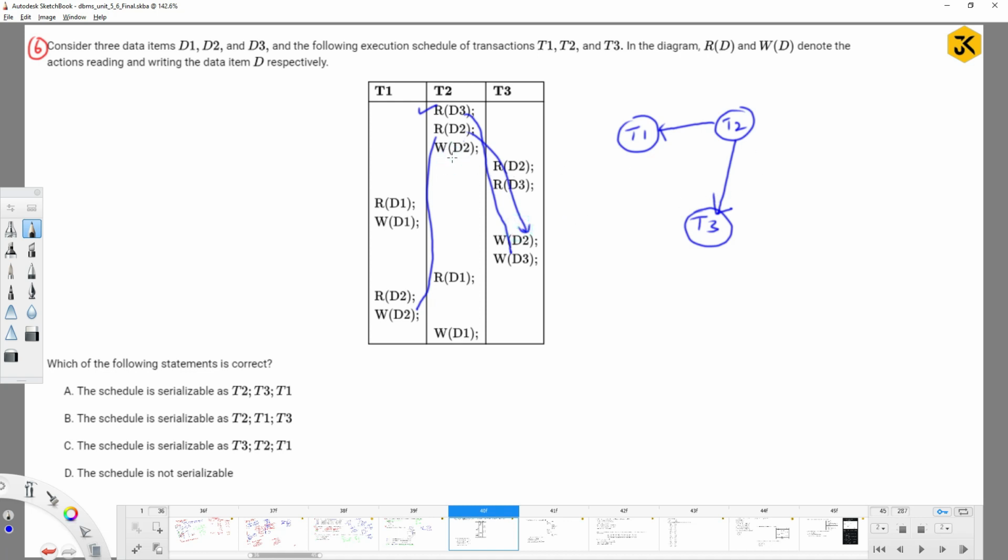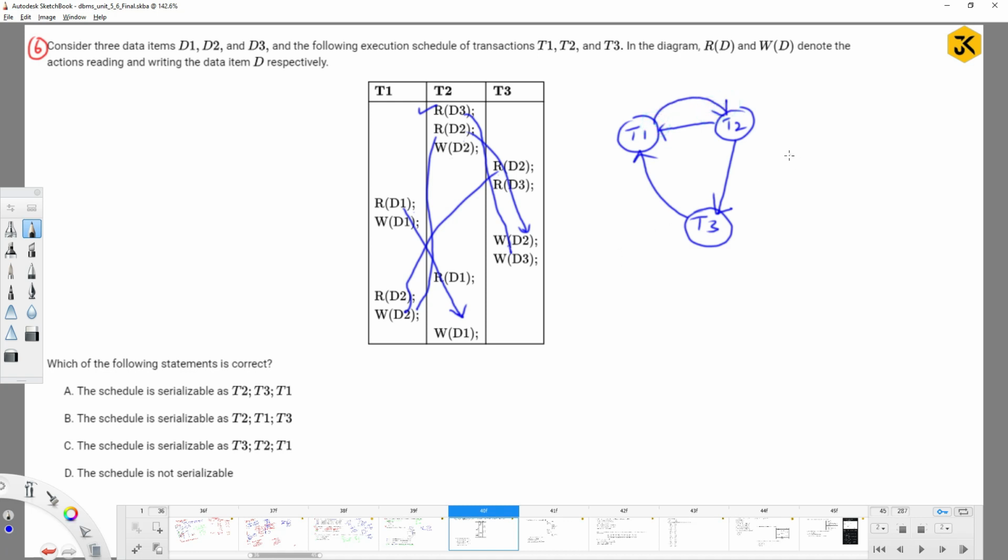What about R of D2? T3 to T1, it is there. R of D3, no. R of D1, yes. T1 to T2, right?